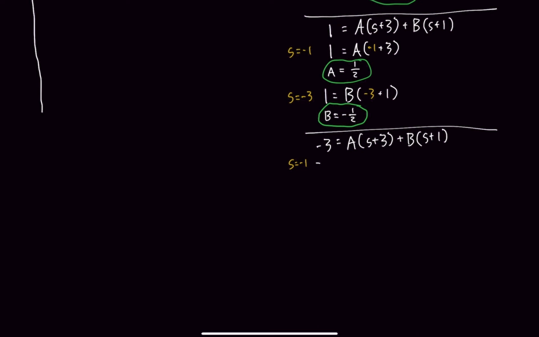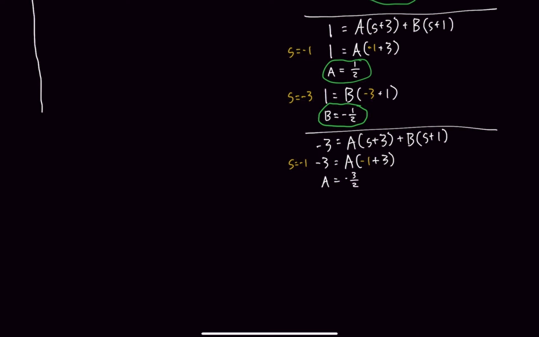So we've got negative 3 equals A times negative 1 plus 3. If we plug in negative 1 to the B side, it goes to 0, so we're not worried about it. And this makes A equal to negative 3 over 2, since negative 1 plus 3 is 2.